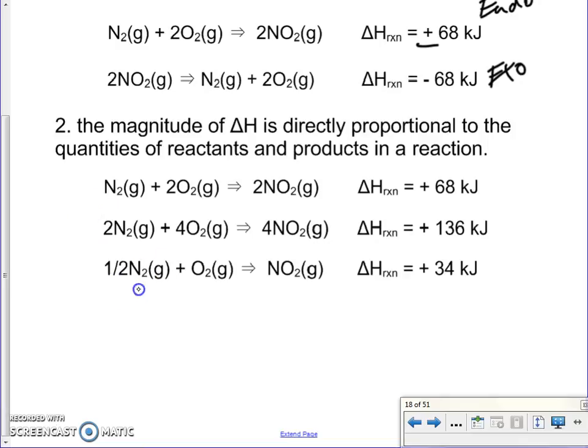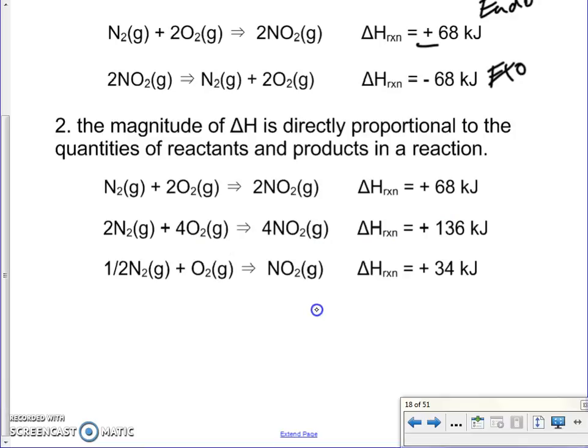Notice down here, if I halve, because now I'm going from 1, 2, 2 to 1/2, 1, 1, I'm going to halve my enthalpy. So whatever we do to our coefficients, remember we have to do to the whole reaction. So if I need nitrogen doubled, I have to double everything. Whatever I do to my reaction, I also do to my enthalpy.